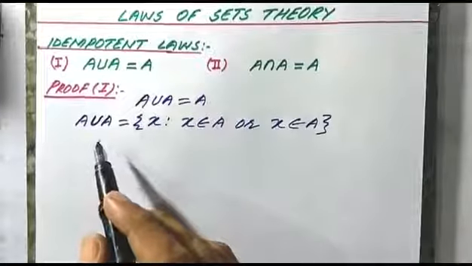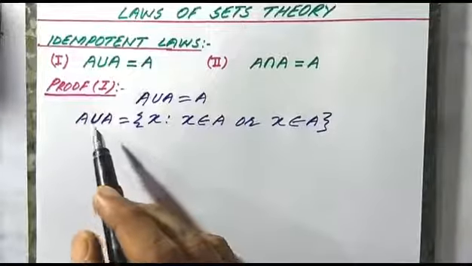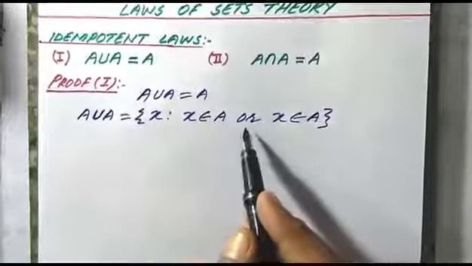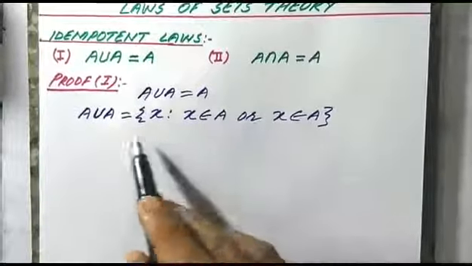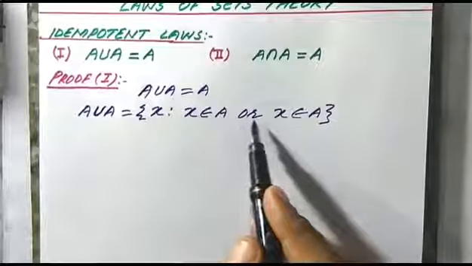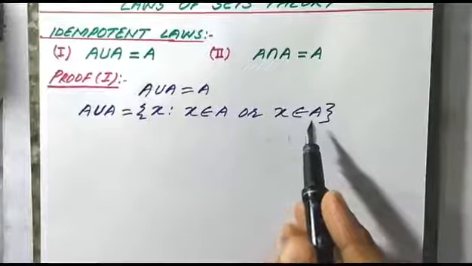These two points must be kept in mind well. So there is union between A and A, so we use the word or.